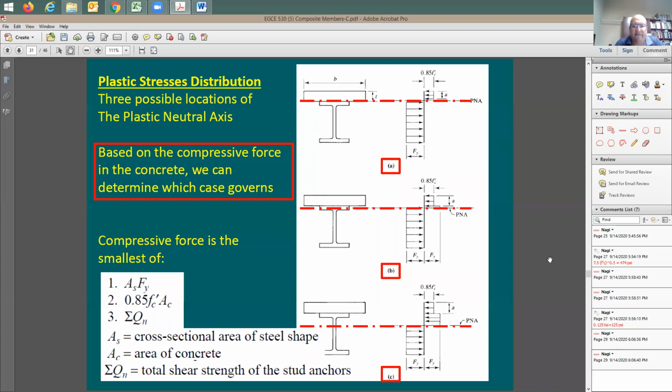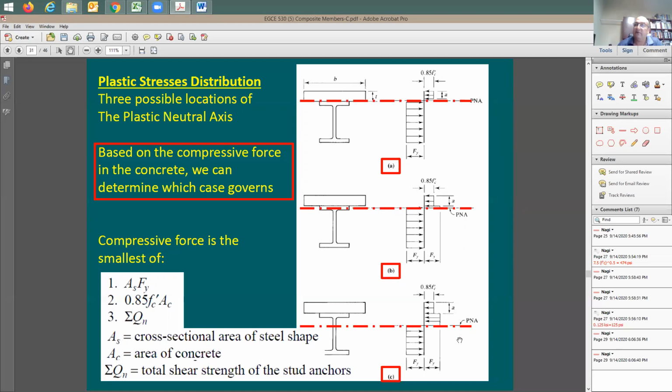Now, I may have 3 cases. If I have a bigger value of the tension steel force when I compare it to the compression in the concrete, let's say at the beginning, I don't know the exact location of the plastic neutral axis. So I'm going to say, let's say the compression of the concrete.